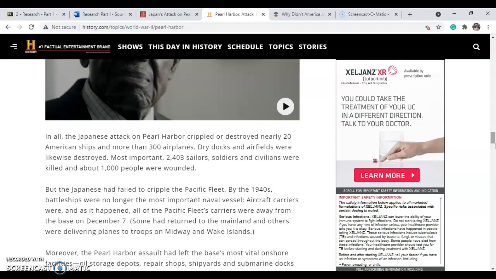Next, torpedoes destroy USS Oklahoma with 400 sailors aboard. And less than 2 hours later, the surprise attack was over, and every battleship in Pearl Harbor had sustained some significant damage.